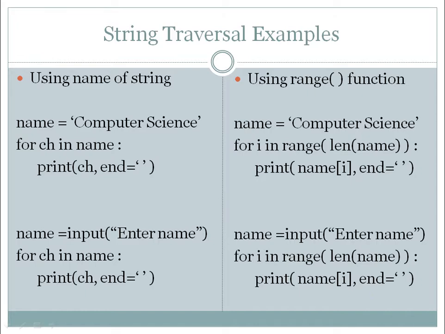So these are the two examples to iterate through a string, and these will be very helpful in the coming programs that we will be discussing on strings. You can choose any of these two methods. But before using this range and length function, you must be aware about the use and the properties of the range function.